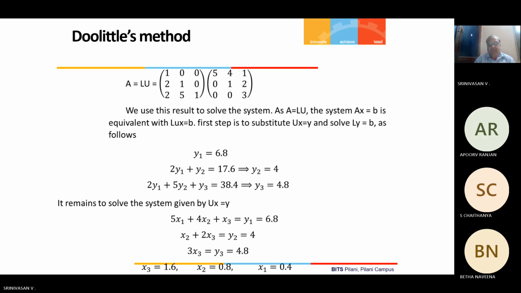Y1, Y2, Y3, is equal to what is your B? What is your B? It's given in your question, right hand side, 6.8.